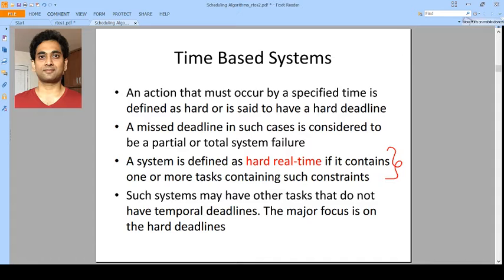Now, such systems may have other tasks that do not have time deadlines. The major focus is on hard deadlines. So, in other words, all I'm saying is a hard real-time system has at least one hard deadline for one of its tasks, and there can be other tasks that are not so hard deadline based.